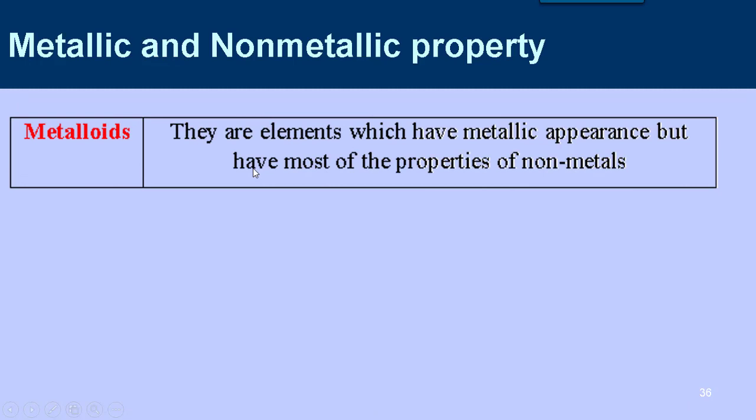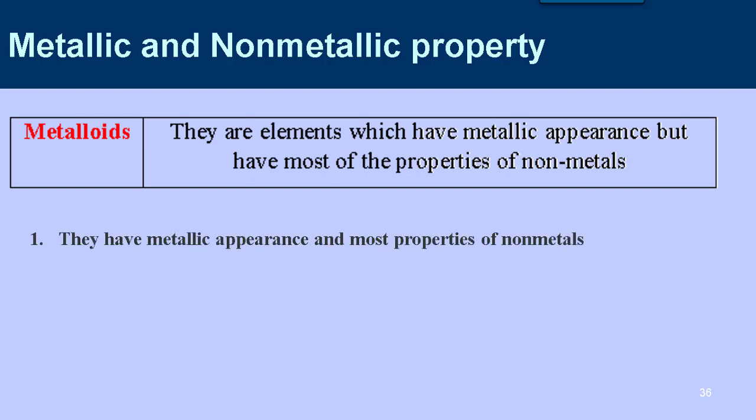The third type of elements, metalloids. They are elements that have metallic appearance but have most properties of non-metals. They take the shape of metals but they have properties similar to non-metals with a little bit of difference. The properties of metalloids. Number 1, they have metallic appearance and most properties of non-metals.